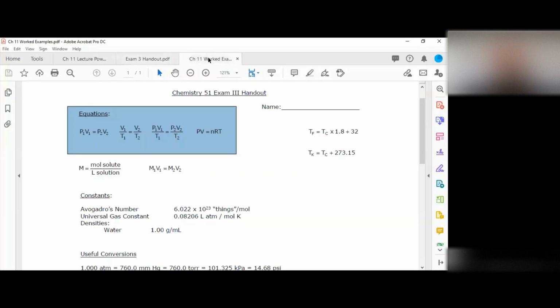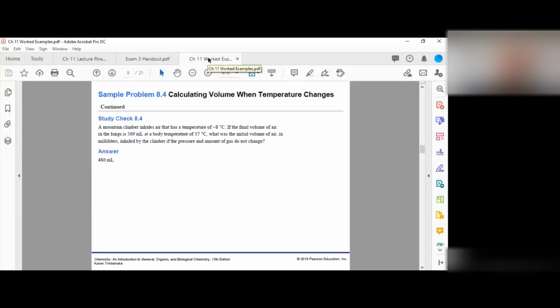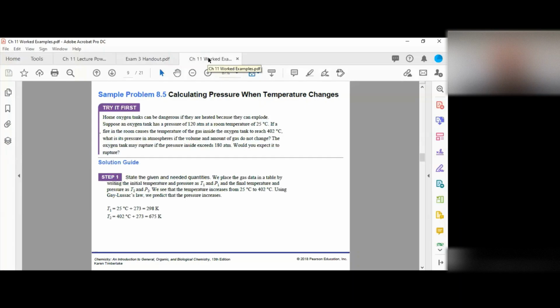Okay, so let's look at that worked example file, which is 8.5. Home oxygen tanks can be dangerous if they are heated because they can explode. Suppose an oxygen tank has a pressure of 120 atmosphere at a room temperature of 25 Celsius. So you have pressure and you have temperature.